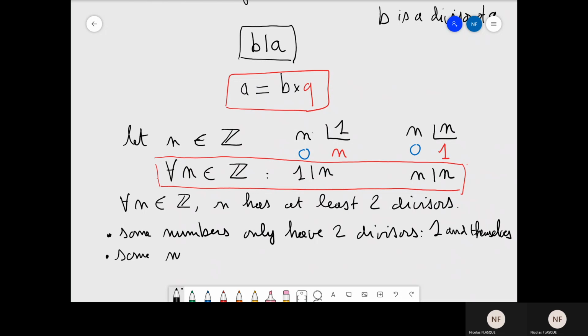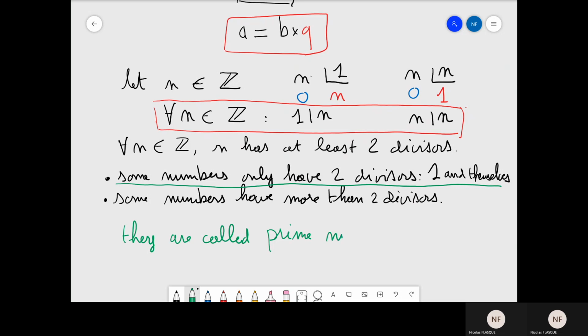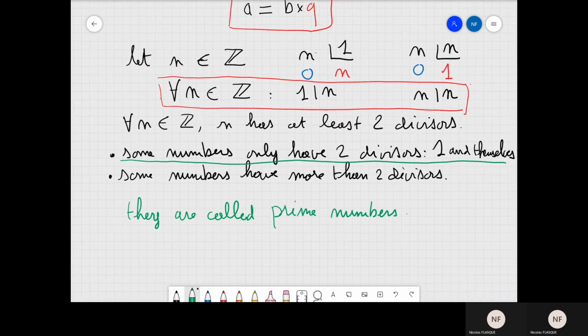And some numbers, all the others actually, have more than two divisors. The numbers that only have two divisors, perhaps you know about them, are called prime numbers. Prime numbers have only one and themselves as divisors. The others have no specific name.